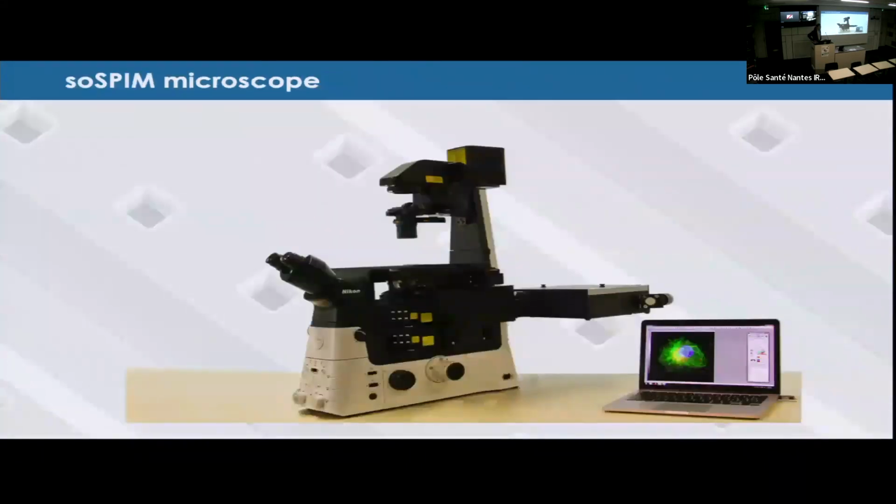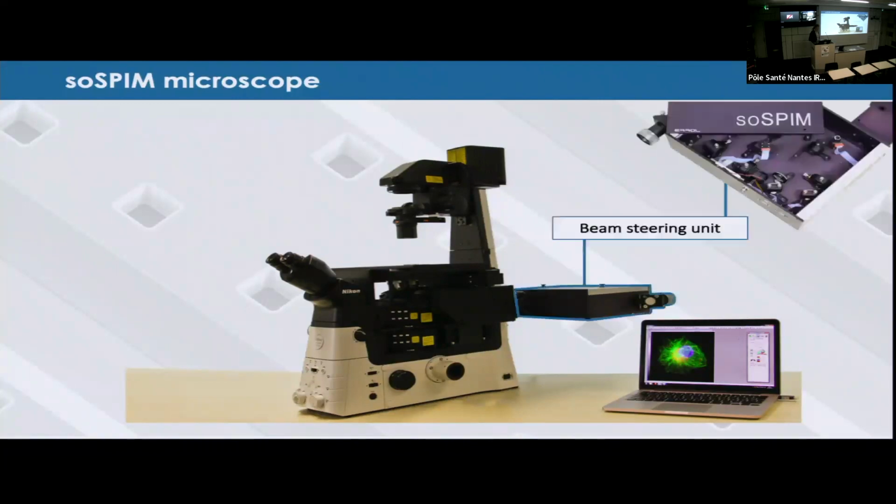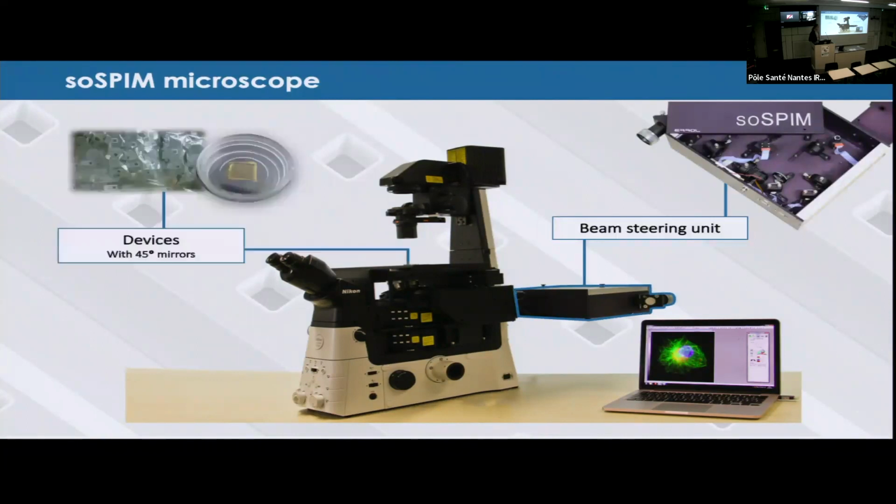Okay, so the simplicity of the technique now is that this is really something that you can just plug on the back part of your microscope, so at the end you do not have a dedicated microscope, but a microscope to which you add the SPIM modality, so you can really combine SPIM plus other techniques. You have this beam steering unit that you put on the back part of a microscope.